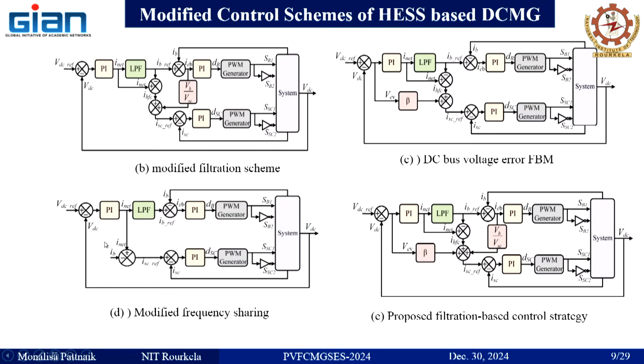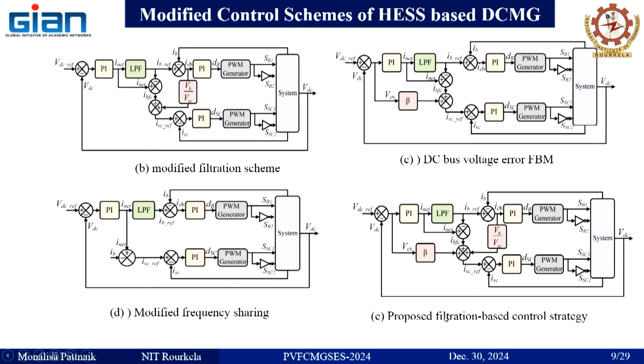With that slight variation, the output of the overall control scheme is improving a lot. Now merging these two, with a VDC error compensation and also the battery current error compensation, we have proposed this modified filtration based control, that is our proposed method.